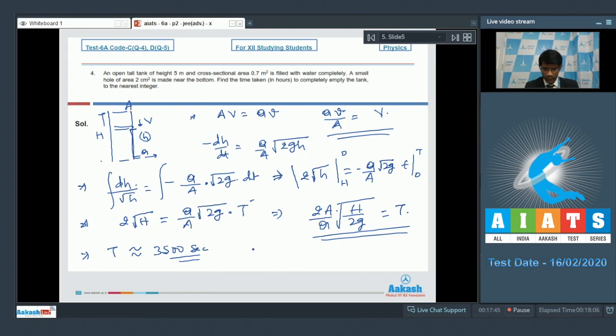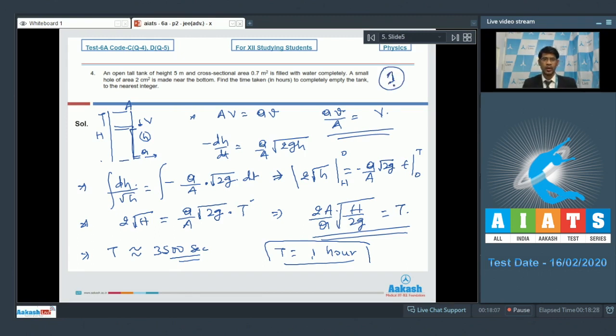If we convert this time from seconds to hours, we'll get t to be very close to 1 hour. Actually 1 hour is equal to 3600 seconds, so it is 3500 seconds. That means almost close to 1 hour. So the nearest integer is 1 hour. Our answer for question number 4 is 1.